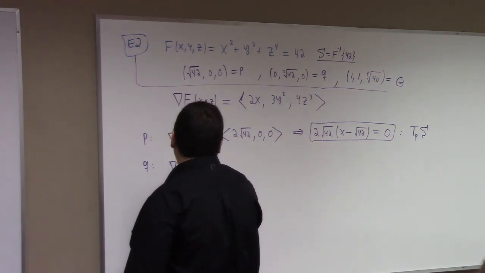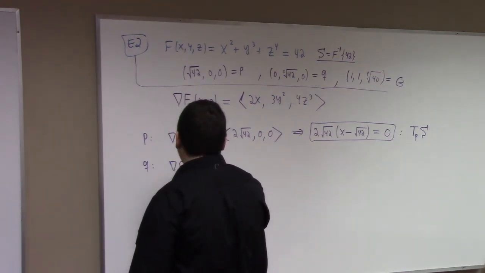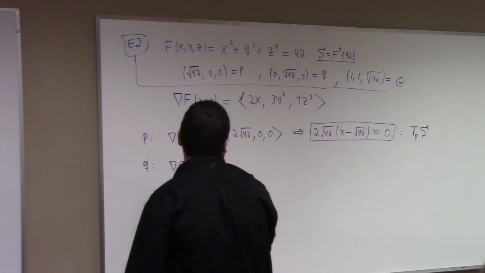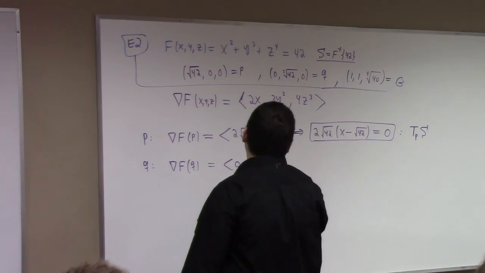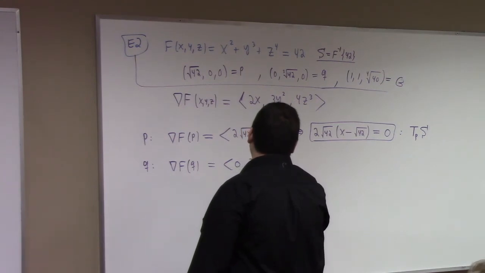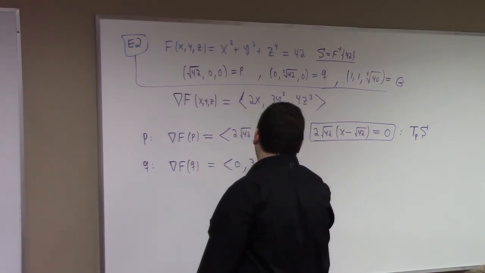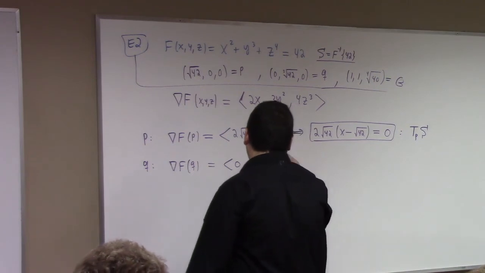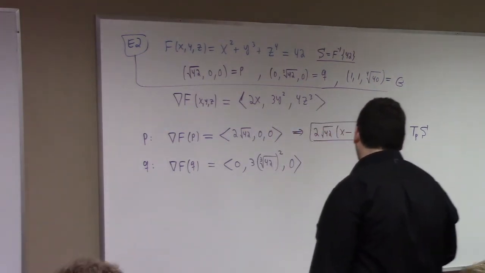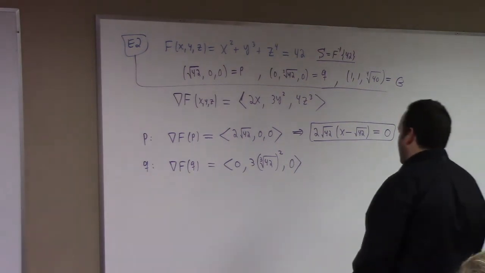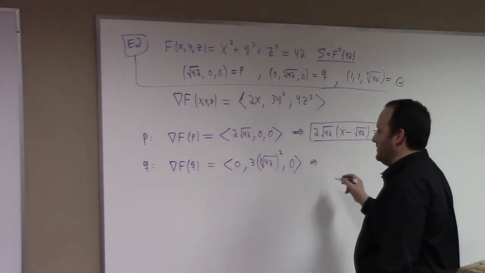Gradient of F at Q is what? You guys: 0, 3 times the cube root of 42, quantity squared, right? Which then implies we have what?